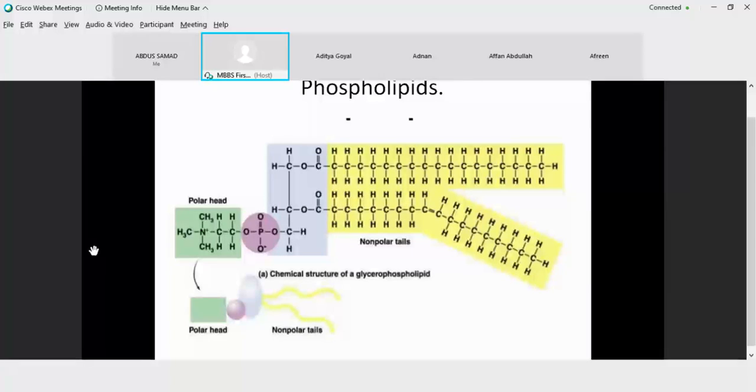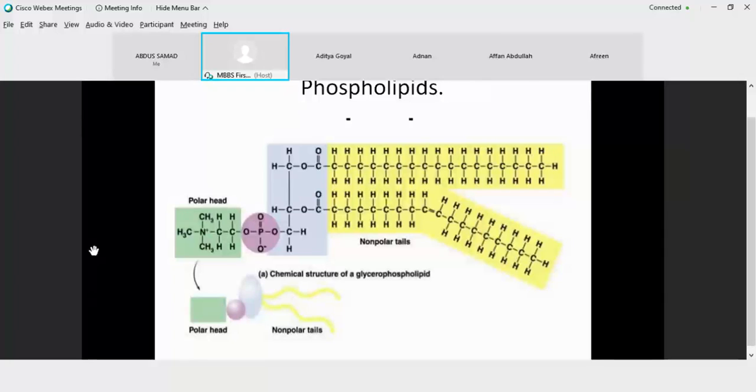Now see another structure. This is a phospholipid. This structure again has a backbone of glycerol. This glycerol backbone, represented by the light blue color, forms ester bonds with 2 fatty acids.